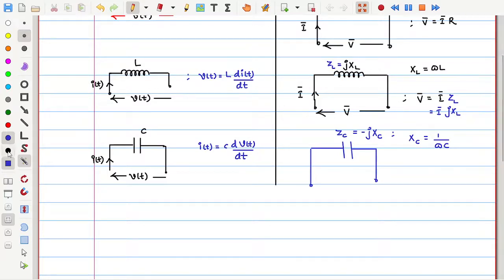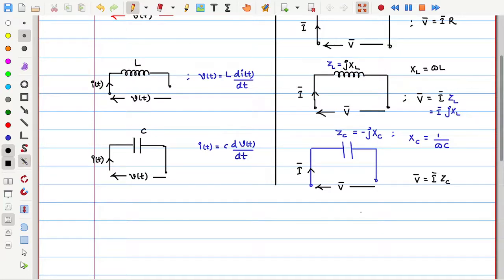Now, if this element is excited with a voltage of V bar and it results in a current of I bar, then the voltage-current relationship in the frequency domain is V is equal to I into ZC, just like V is equal to IR.